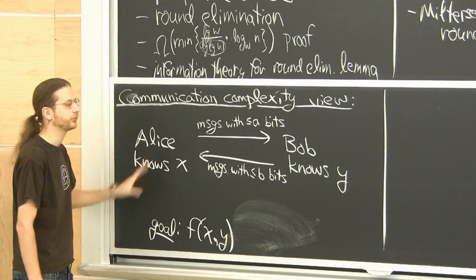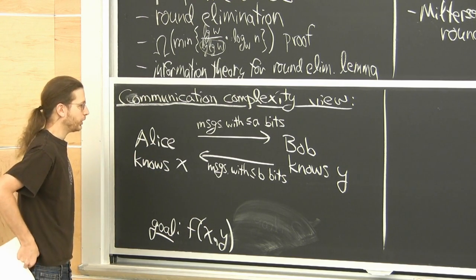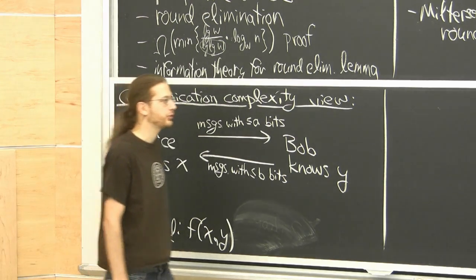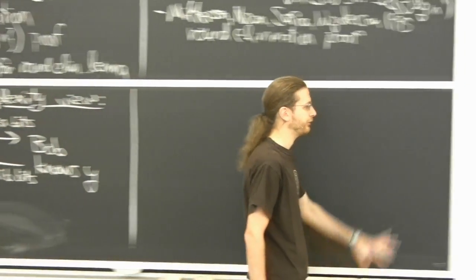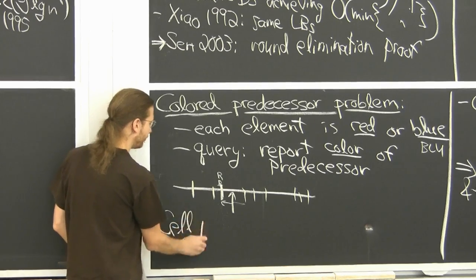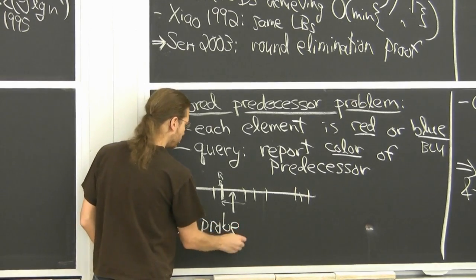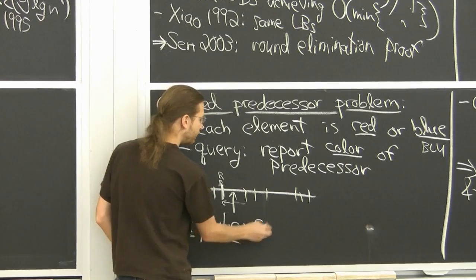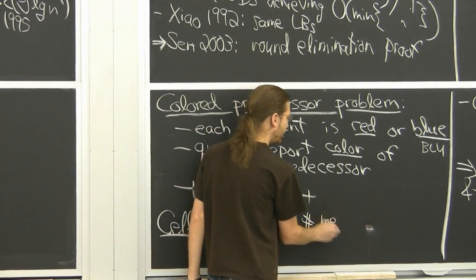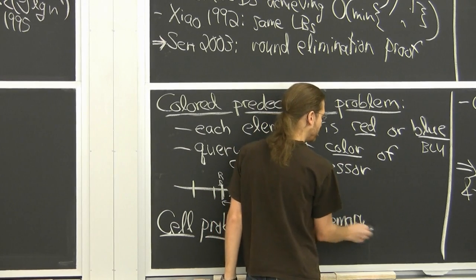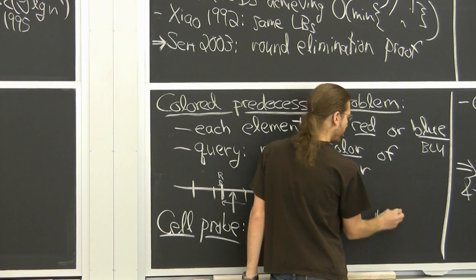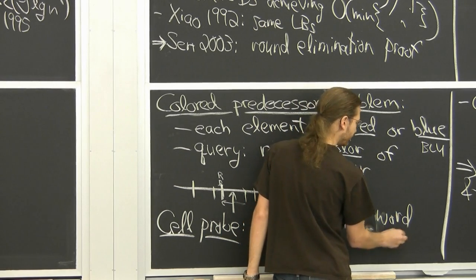And there are techniques, which we're going to use, for lower bounds on how long these protocols have to be. How does this relate to colored predecessor? Remember also there's the model of computation, the cell probe model. In the cell probe model, because it's a static data structure, we don't really change it, we just count the number of memory word reads.